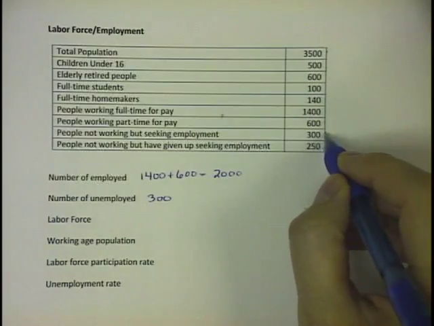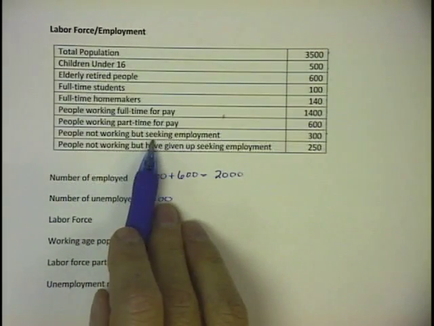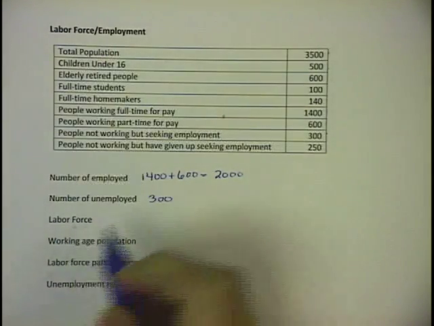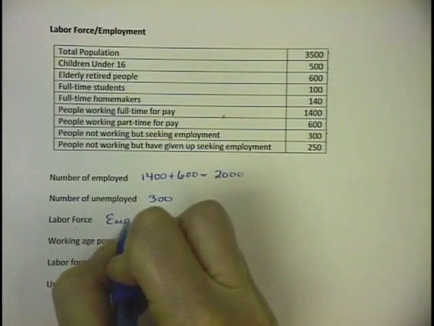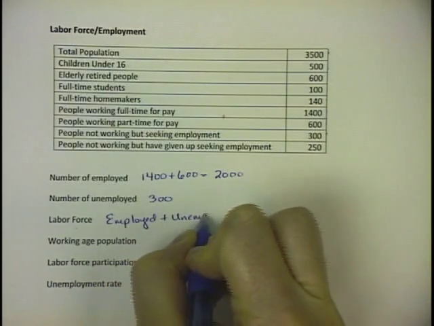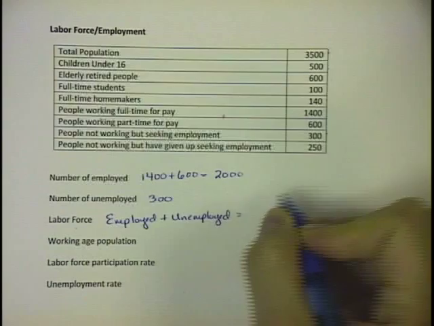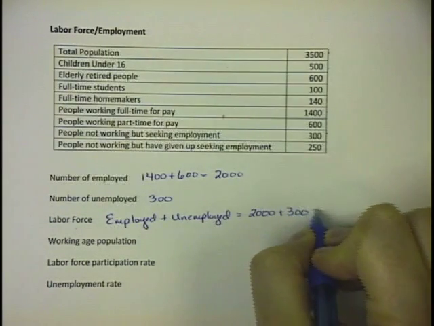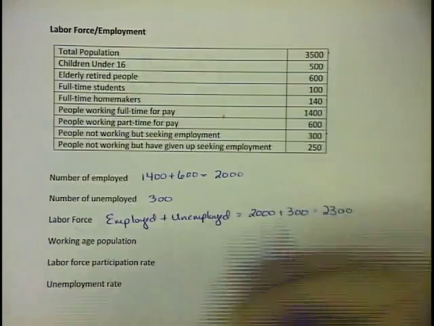So the unemployed is going to be only that group that is not working but is seeking employment. Okay, so the labor force is going to be the employed plus the unemployed. So the employed plus the unemployed is going to be 2,000 plus 300, which is 2,300.